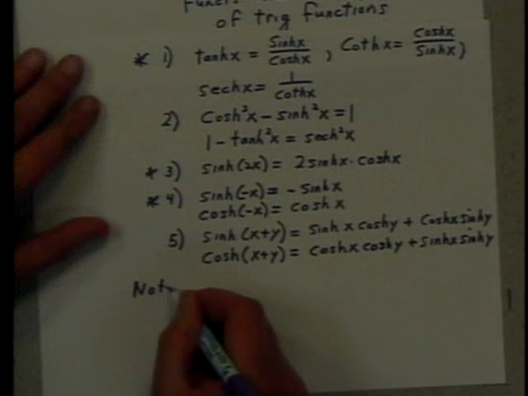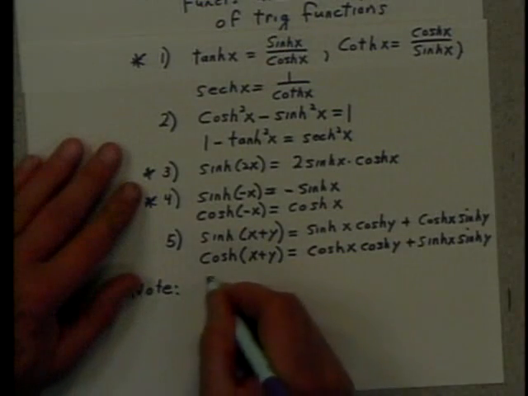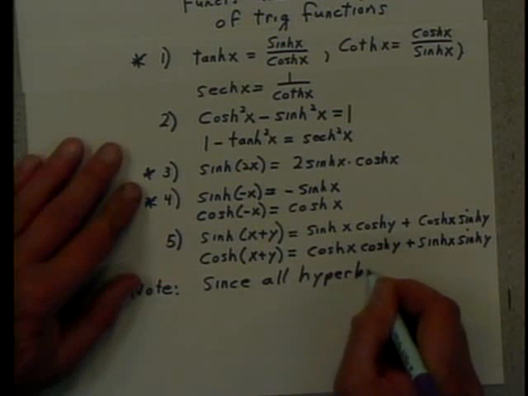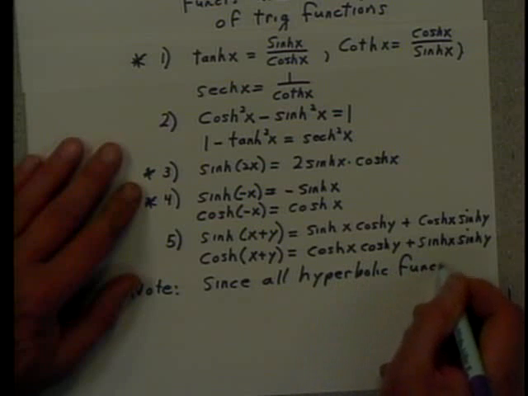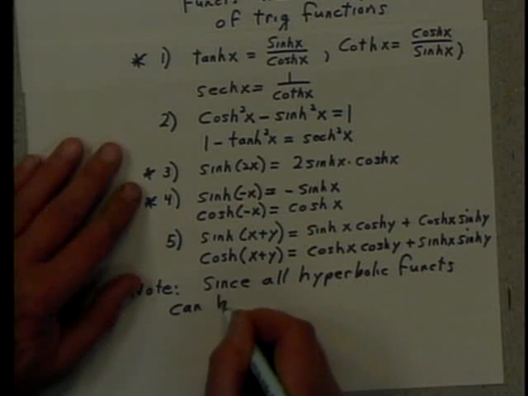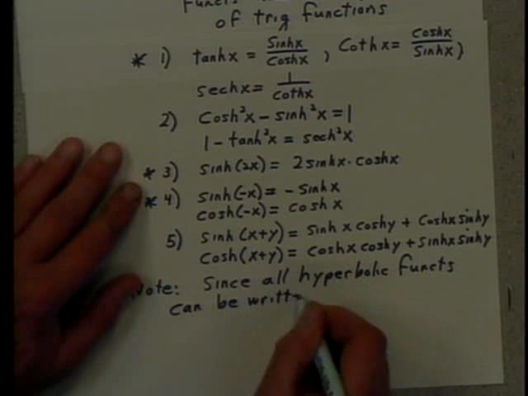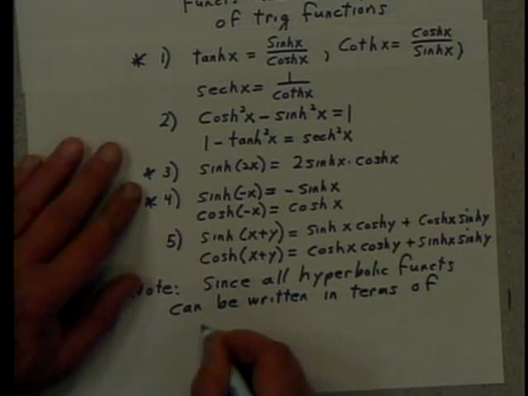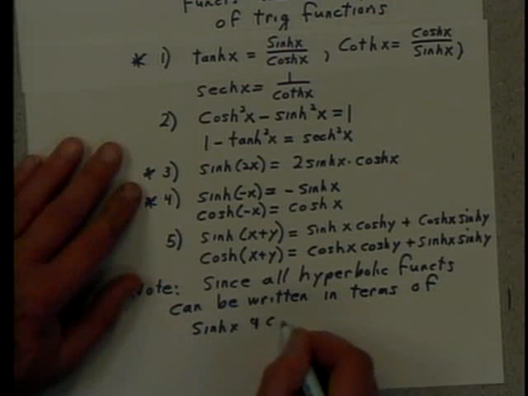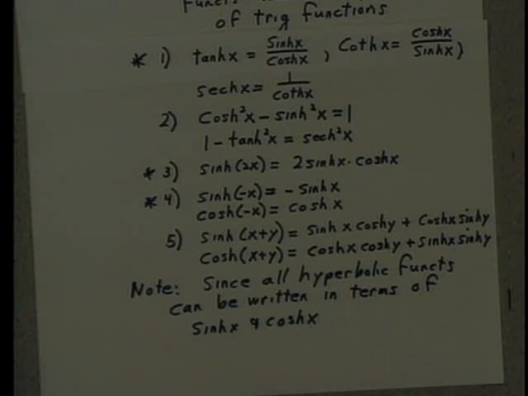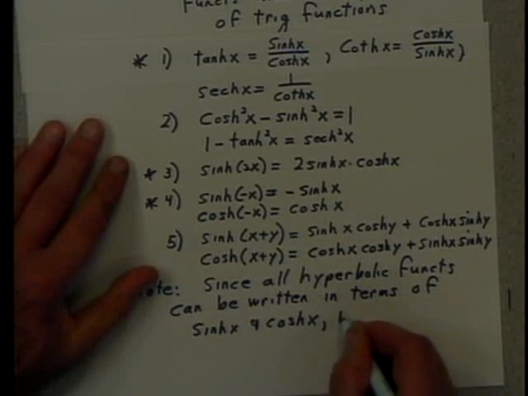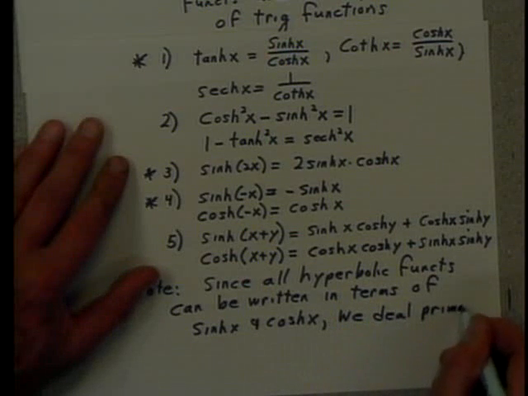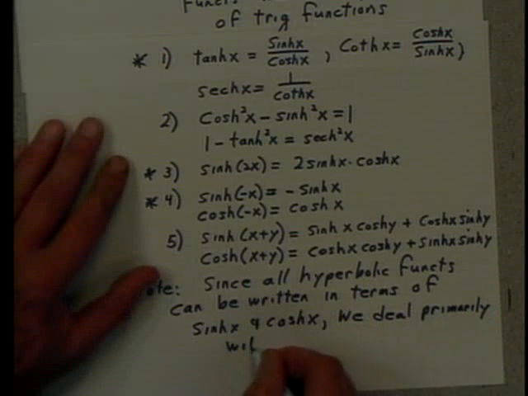A little note that I insert here. Since all hyperbolic functions can be written, just like the trig, in terms of sinh x and cosh x, we deal primarily with those two.